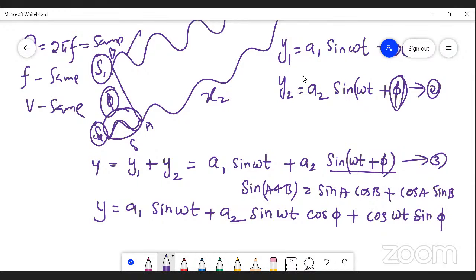This is the equation: sine of a plus b is equal to sine a cos b plus cos a sine b. I just want to explain this.